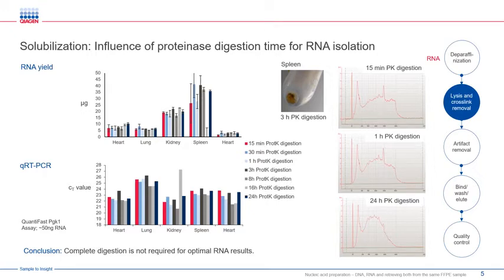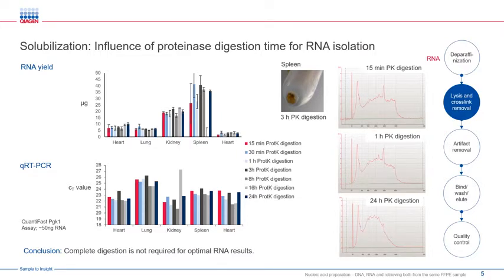The small picture here shows that in a lot of cases you need more than 3 hours for complete digestion of pieces of tissue. For optimal RNA yield, you can see that between 15 minutes and 24 hours, in all cases, for all of these tissues, there is actually very little difference, indicating that 15 minutes is enough and you do not need full solubilization of the tissue.